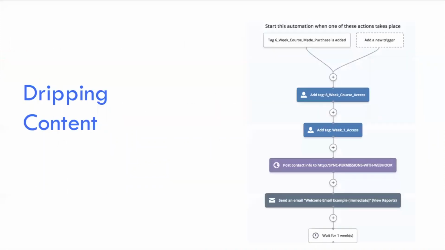This is an example of how a drip content campaign will work. This is a screenshot of an ActiveCampaign automation.